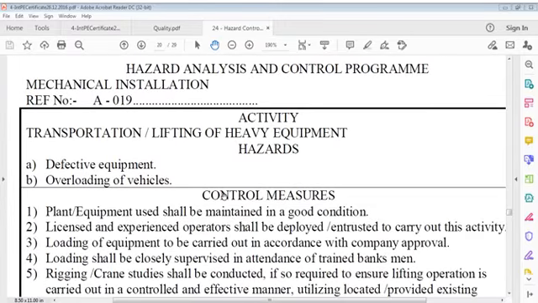Installation, that is transportation, lifting of heavy equipment, could have hazards. Equipment may be defective or vehicles overloaded.